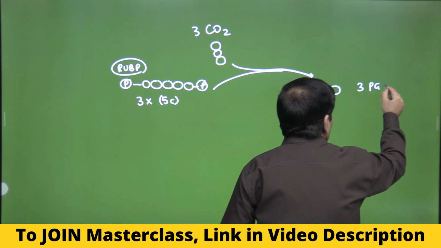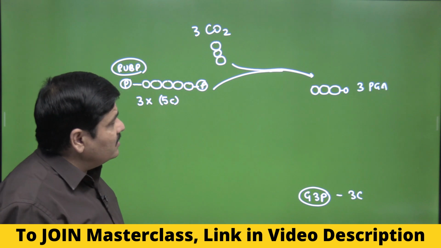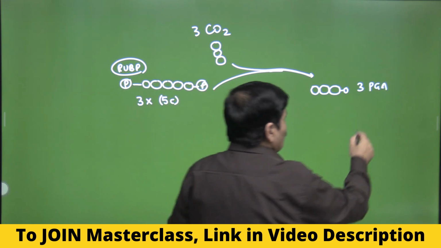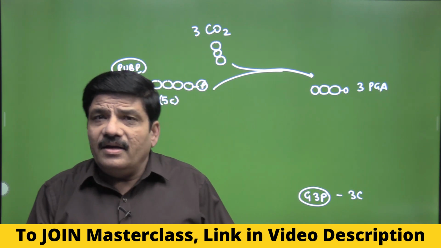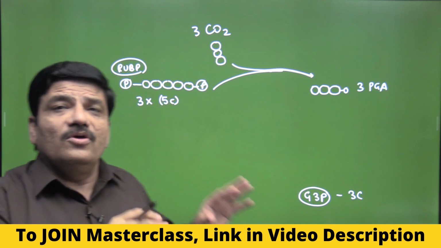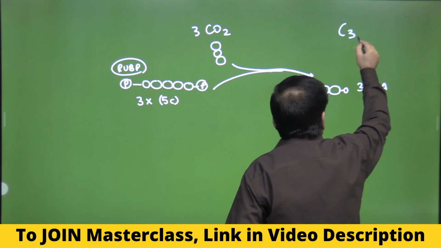So this is 3-phosphoglyceric acid. I hope this is now absolutely clear. Because this molecule has 3 carbons and is the first stable product of this cycle, we are calling this cycle the C3 cycle.